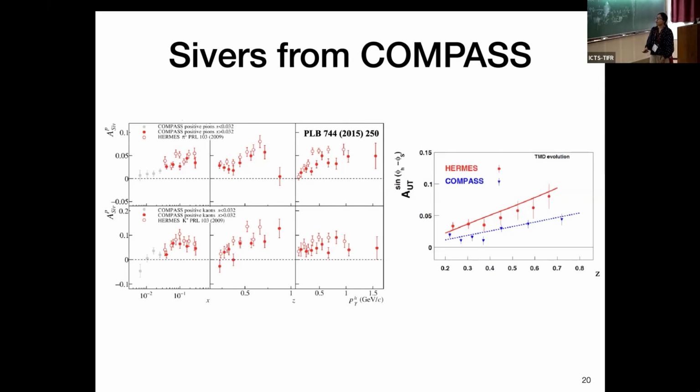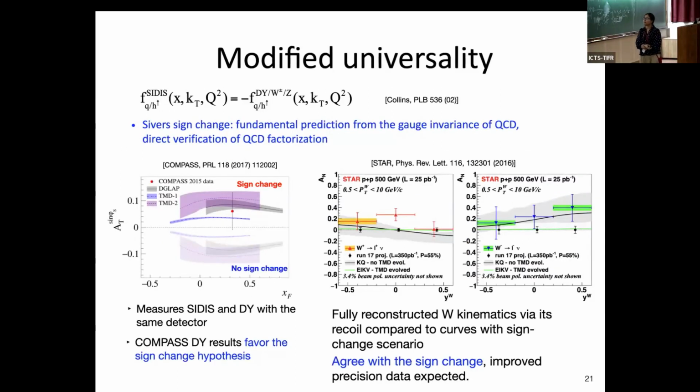When you look at this in z a little bit more closely, there's a little bit of difference between HERMES and COMPASS. This may indicate there's an evolution effect, but the error bars for the points are still large, so we'll see.